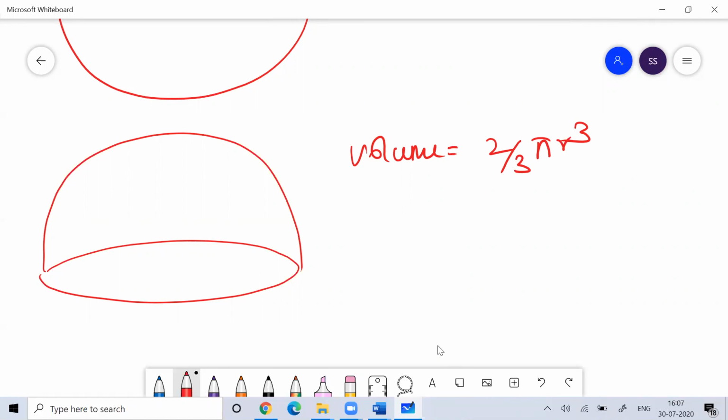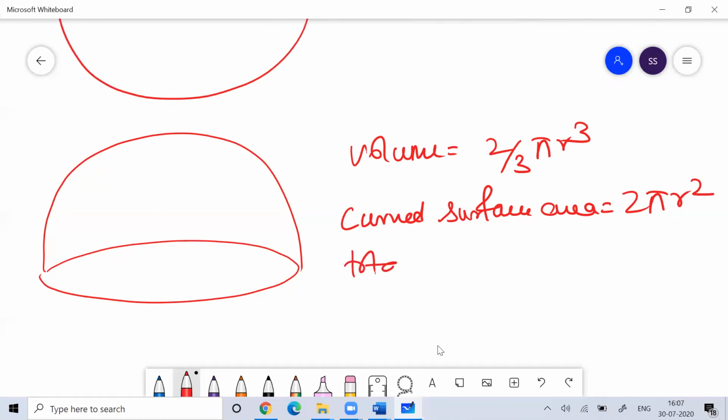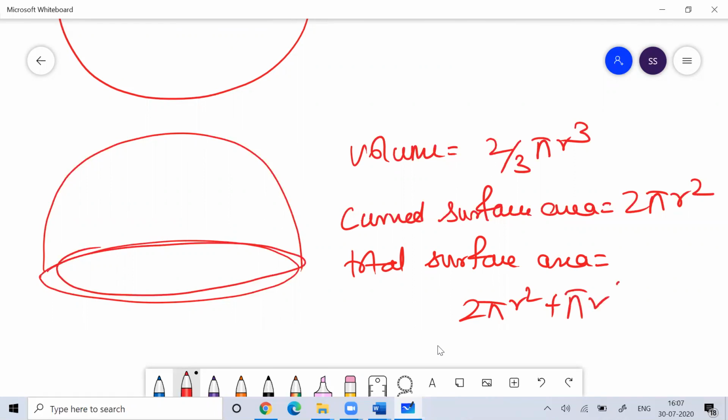The boundary of that is the curved surface area, which is equal to 2 pi r square. While the total surface area is the curved surface area plus the area of the base, that is pi r square. So that will be equal to 3 pi r square. So you can know that.